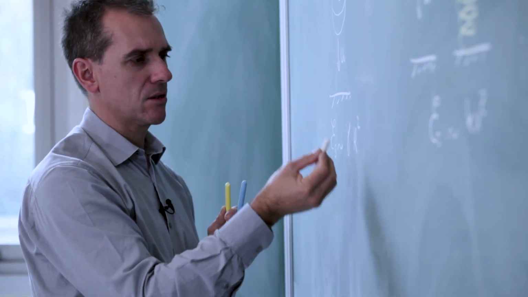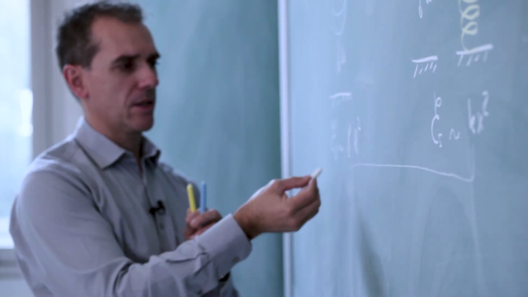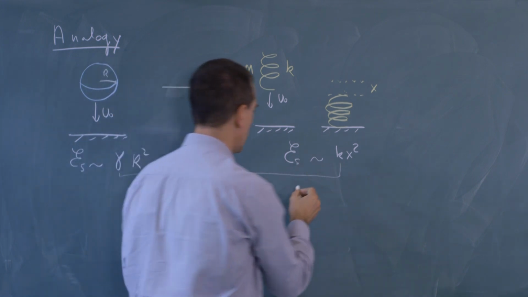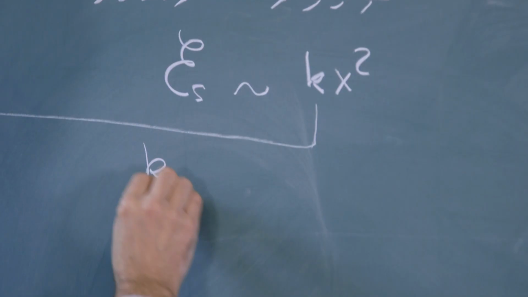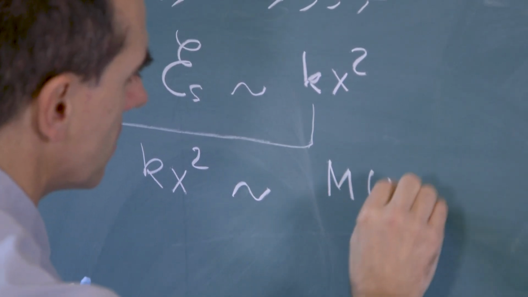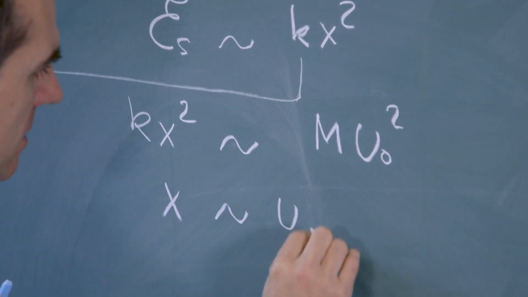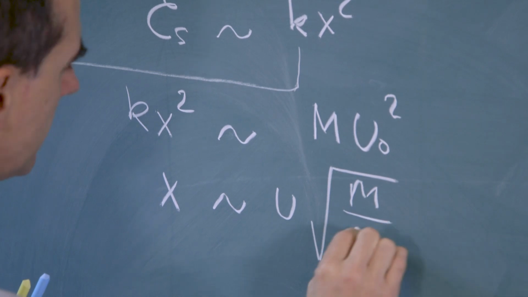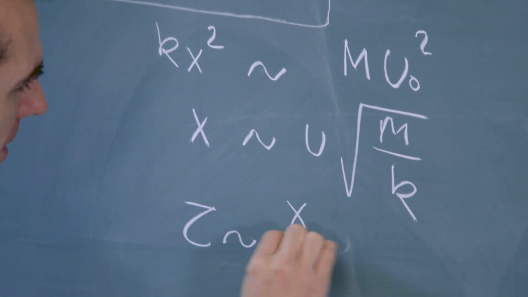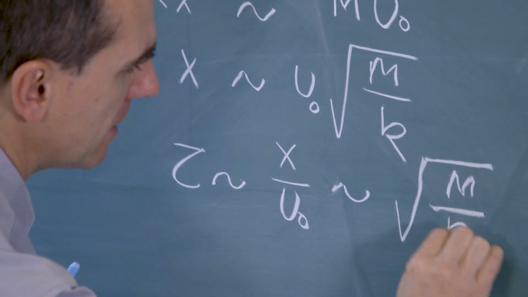And so what we observe is that the two energies have the same structure, where k is replaced, in the case of the drop, by surface tension. But in the case of the spring, we know exactly how it's going to happen, in the sense that the compression will be balanced by the initial kinetic energy, which allows us to evaluate the maximum compression that goes like the velocity times the square root of m divided by k, and thus an evaluation of the contact time that will go like x divided by u, which goes simply like the square root of m divided by k.